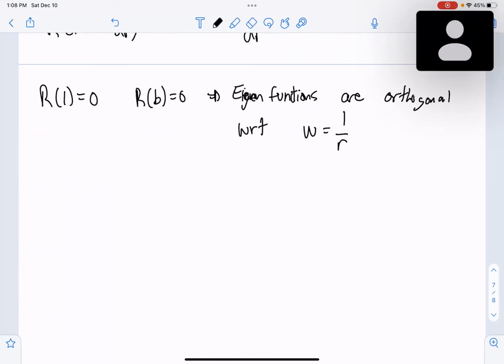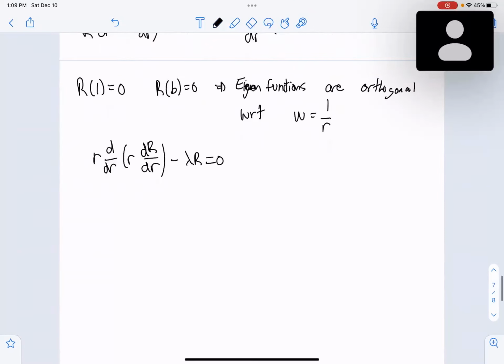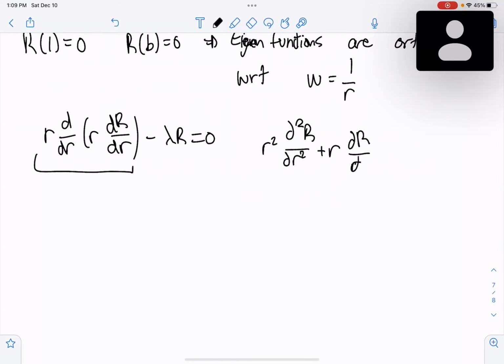Given this, obviously we just have r d/dr (r dR/dr) minus lambda R is equal to 0. We can write that, if we just apply the product rule here, we get r squared d squared R over dr squared plus r dR over dr minus lambda R is equal to 0.